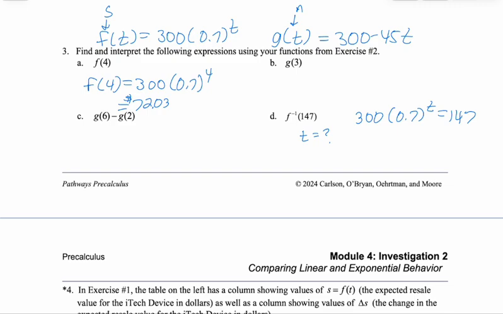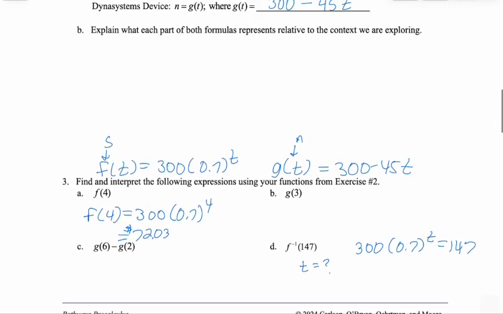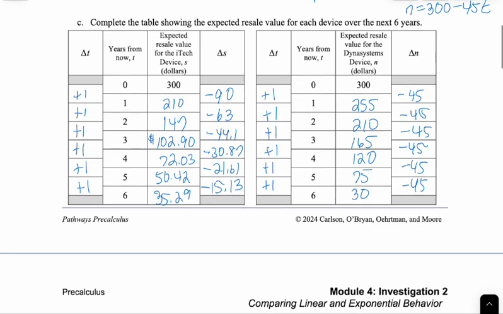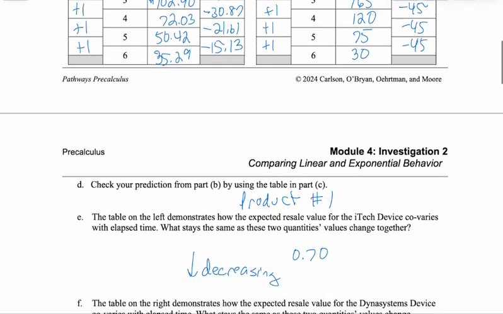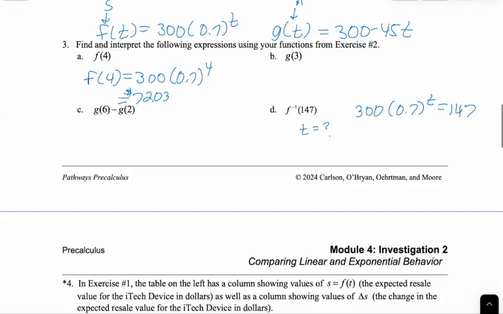So if we have a chart, which we do, we need to find out the year where we get 147. So it is on the chart, that value. So our time is 2 years. So remember that inverse notation, that's the inverse of f. So the inside there is the value is 147. What time did that occur?